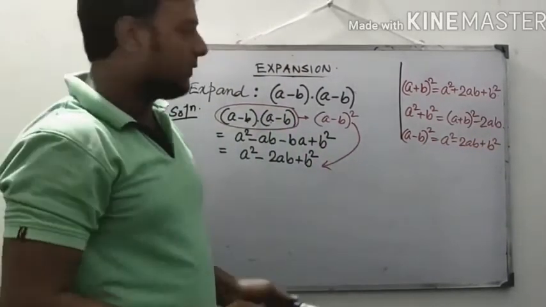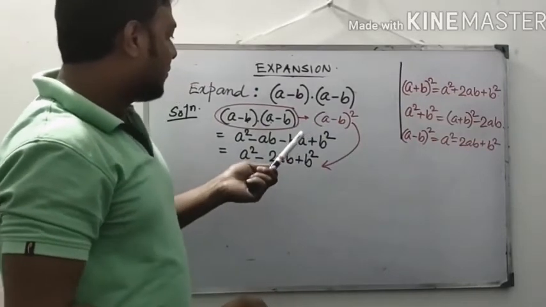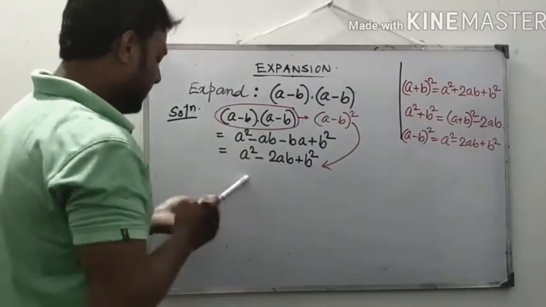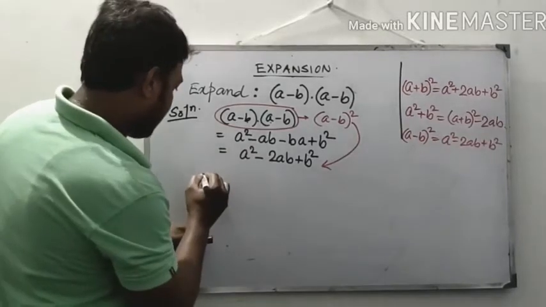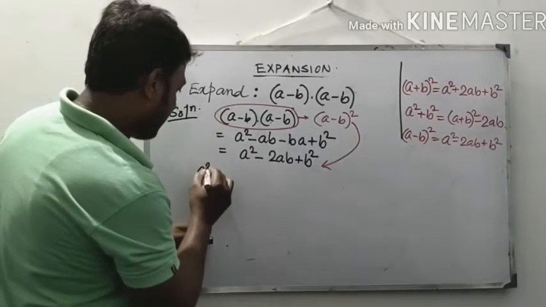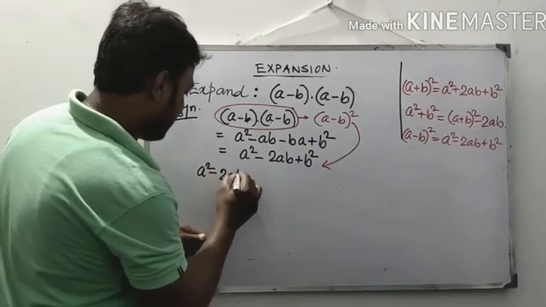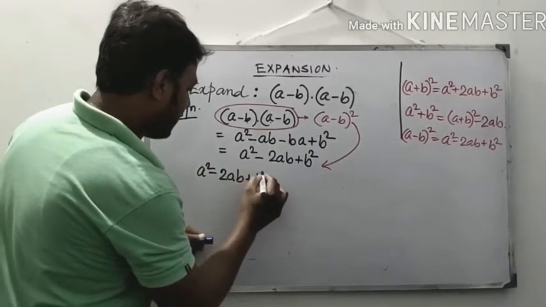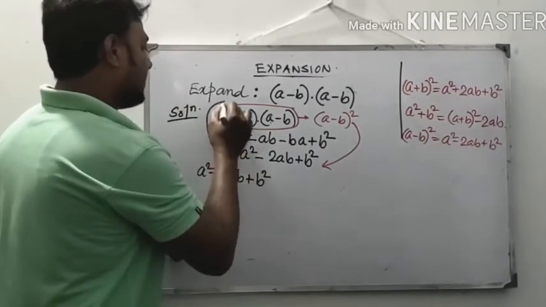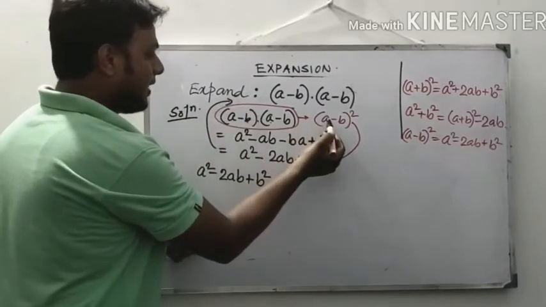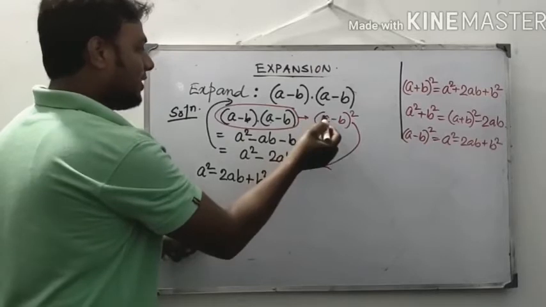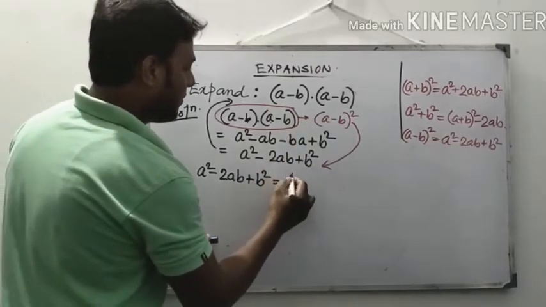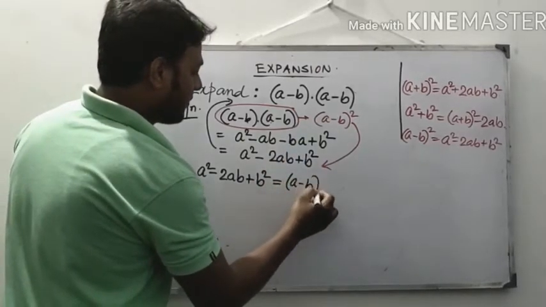This again similarly we will simplify from this line. Just writing it again, a square minus 2ab plus b square. In the backward direction, this line equals this line, so this equals (a minus b) whole square. Okay.